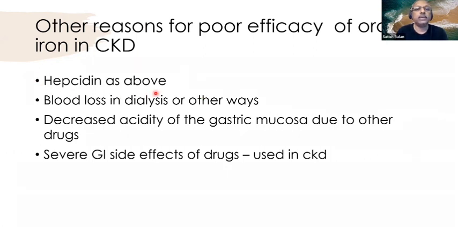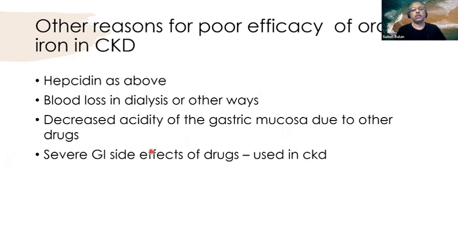But there are other reasons why iron is not effective in CKD: blood loss in dialysis and other ways of blood loss. You do a lot of phlebotomies, you subject these people to a lot of tests, and therefore a lot of blood is removed from the body for that. Then there is decreased acidity of the gastric mucosa. Most of the patients are on PPIs or H2 antagonists, and also on multiple drugs that react with oral iron, and therefore affect the absorption of oral iron.